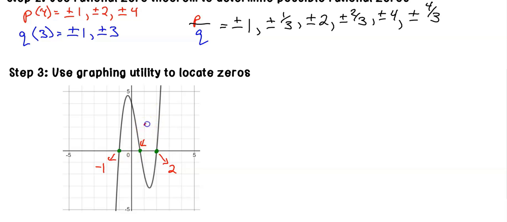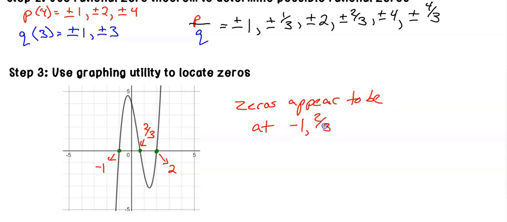So I'm going to guess it's about 2/3. So the zeros appear to be at -1, 2/3, and 2. So by using this graphing utility, it kind of gives us a hint of where to start before we do our synthetic division to see if it really is a zero for the equation.